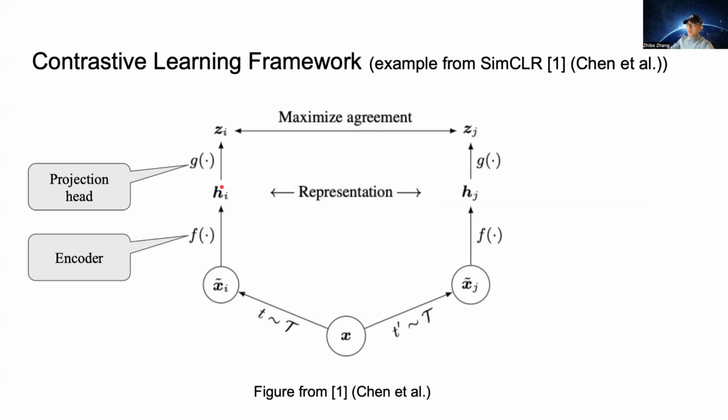As the next step, there is another extra component, which is the projection head. The projection head is typically something like a multi-layer perceptron. The reason the authors adopt the projection head is that empirically it brings better performance. It can also reduce the dimensionality of the encoded representations into something smaller. For example, h_i and h_j can be something like 2048 dimensions.